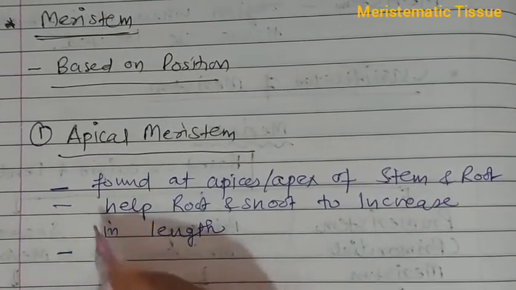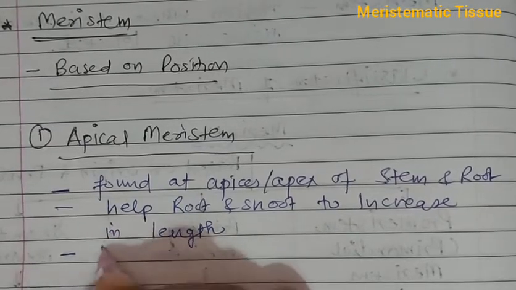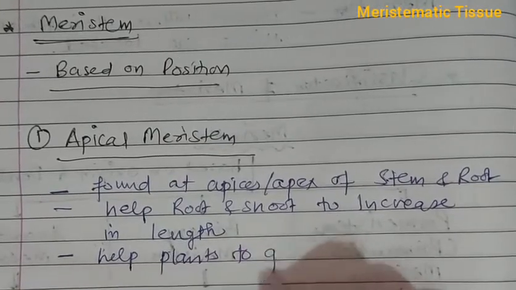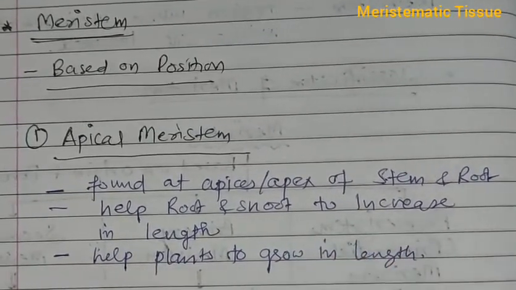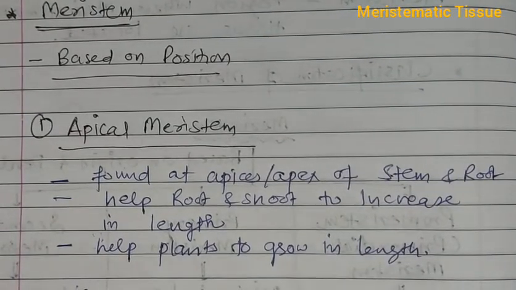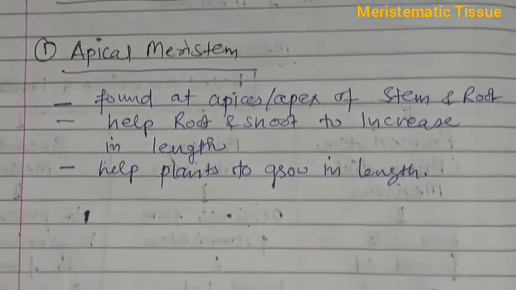The important role of apical meristem is to help plants grow in length. If the length of the plant is increasing, the tissue responsible for that is apical meristem, which is present at the apex of root and stem. Now the second type based on location is intercalary meristem.